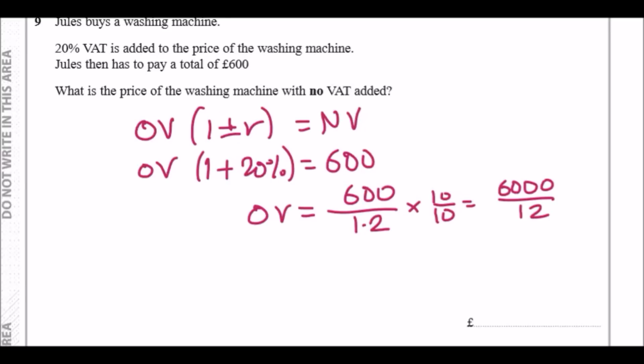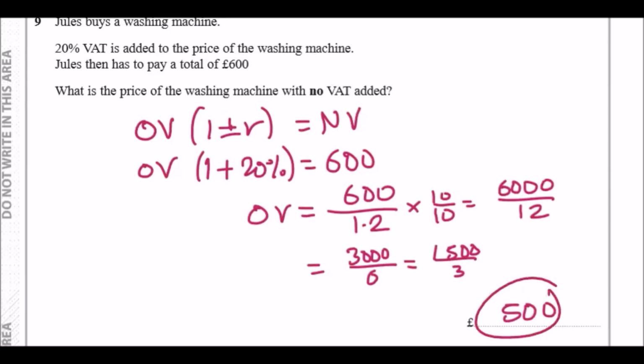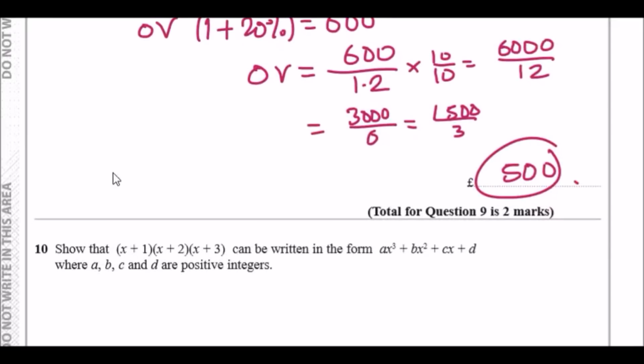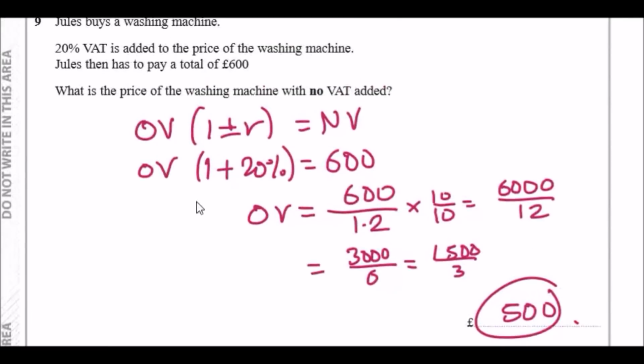Now you just simplify the fraction. So dividing by 2, you get 3,000 over 6. Half again, you get 1,500 over 3. Dividing by 3, you get 500. Done. Very easy. Other methods are possible, but always start with this formula and then just work your way to the end.